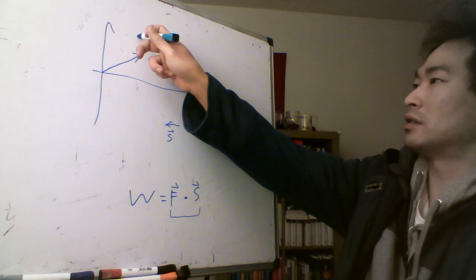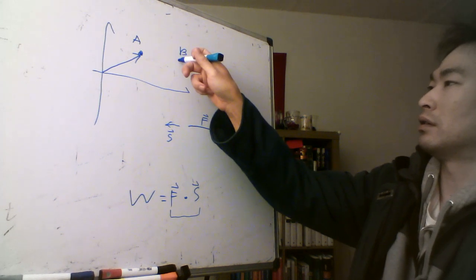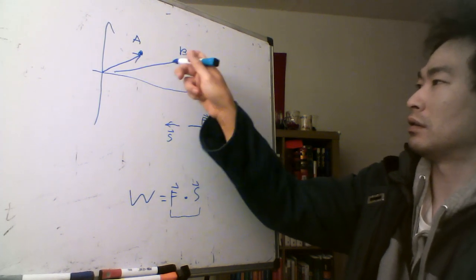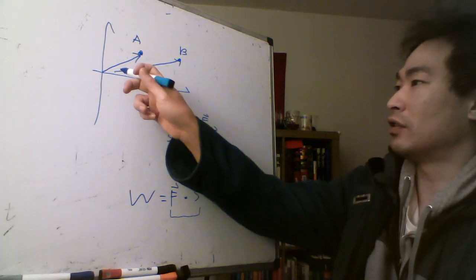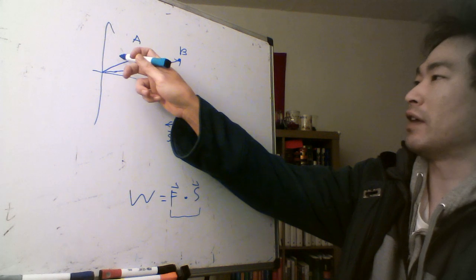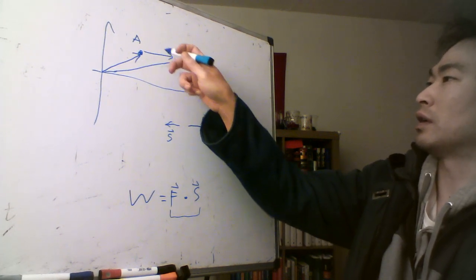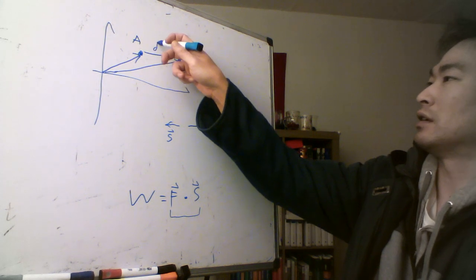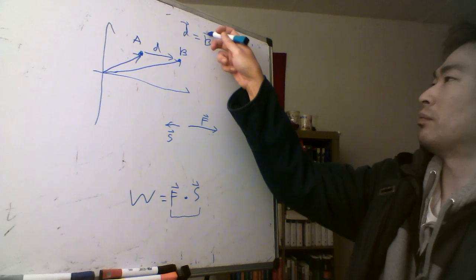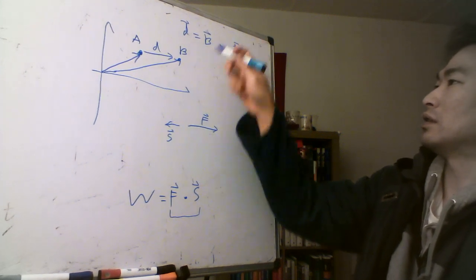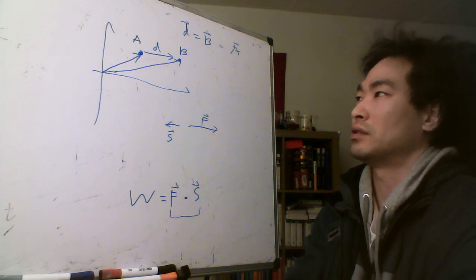Let's say this dot moves from A to B. We call this A vector, B vector. This is a displacement, we call it D. Vector D is B vector minus A vector. It's a vector subtraction, all right? So that's what a displacement vector is.